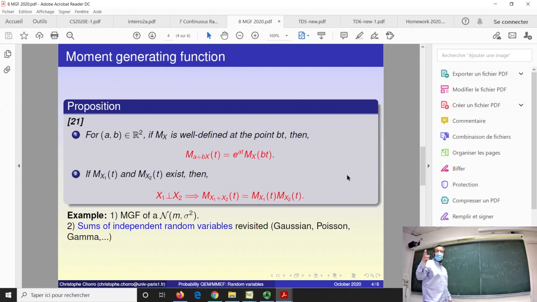Because if x1 and x2 are independent, any function of x1 is independent of any function of x2, here the exponentials. So by independence, I have the expectation of exponential t x1 times the expectation of exponential t x2, and I have just by definition M x1 of t times M x2 of t. It's just a basic consequence of independence.